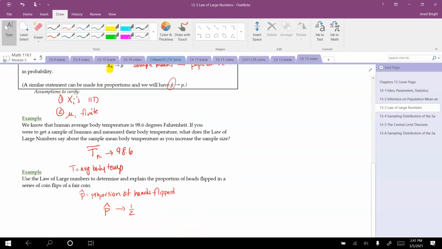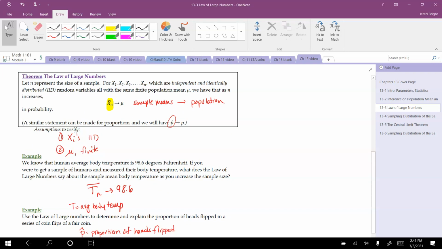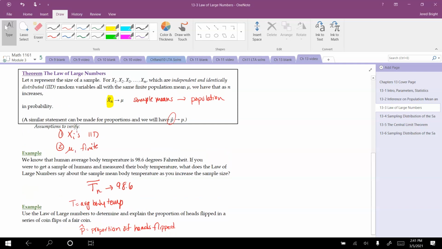In the case of the latter example, we're flipping the same coin, and in the former, with the first example, we have humans, then one human hopefully doesn't, or one human's body temperature isn't influenced by another human's body temperature. And I mean, please don't go and think about colds or anything, because that's outside of our view here. Okay, so law of large numbers. One nice way to be able to make an inference about a population mean.